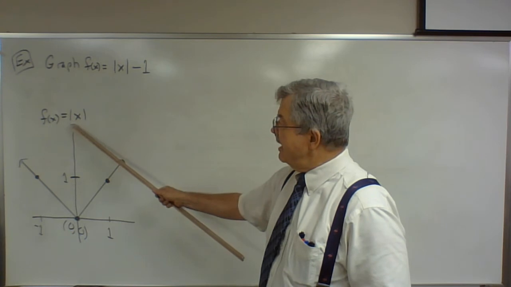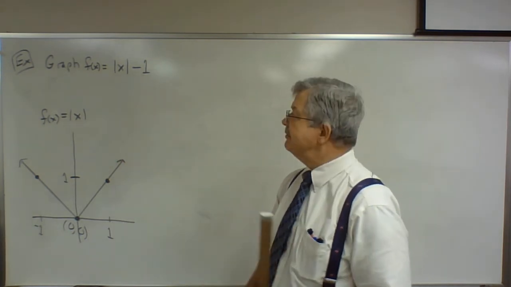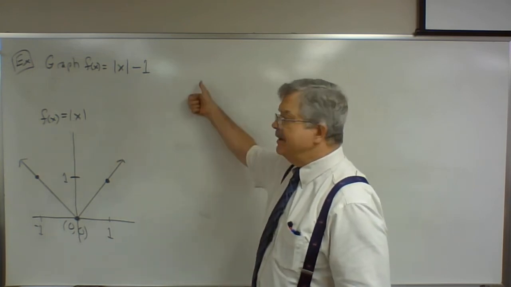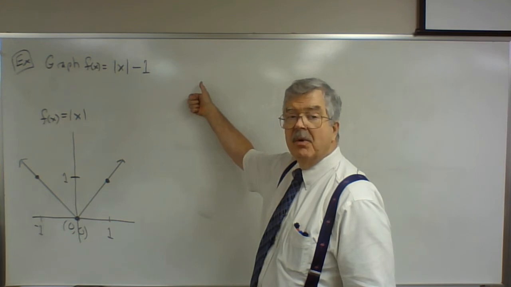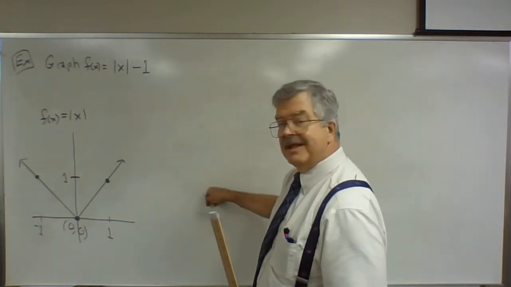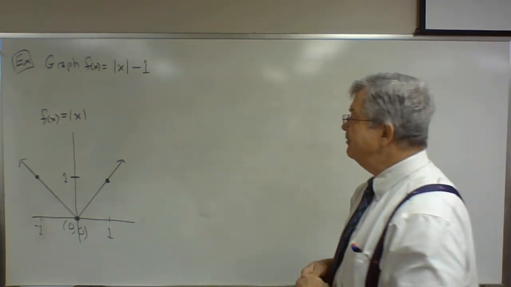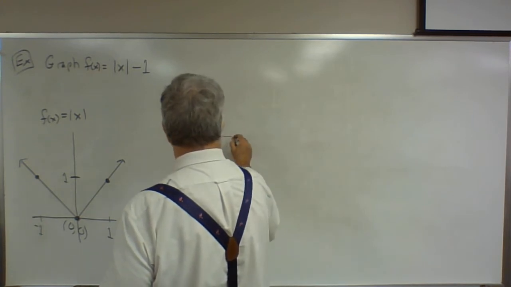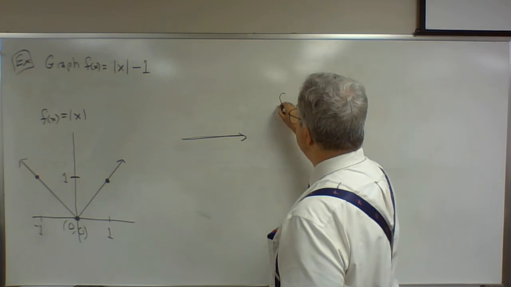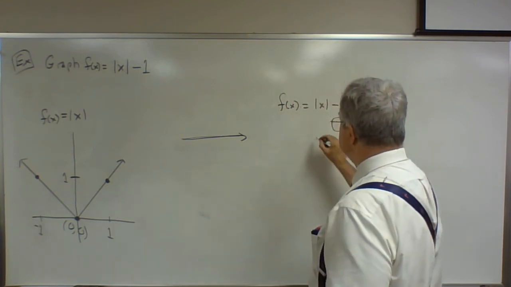We're taking the graph of this function and we're adding -1, which means that we're going to shift this graph 1 unit in the negative direction. And that's exactly how we get the graph of f of x equals absolute value of x minus 1.